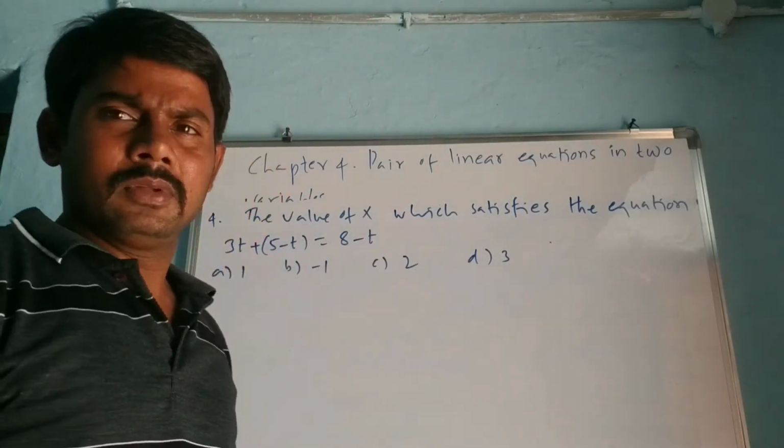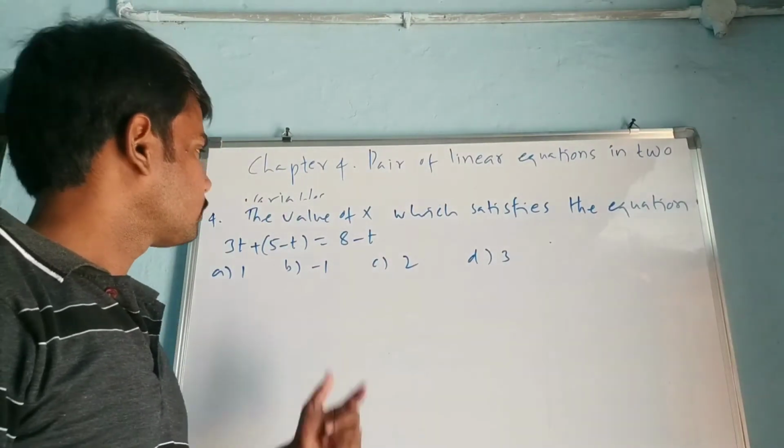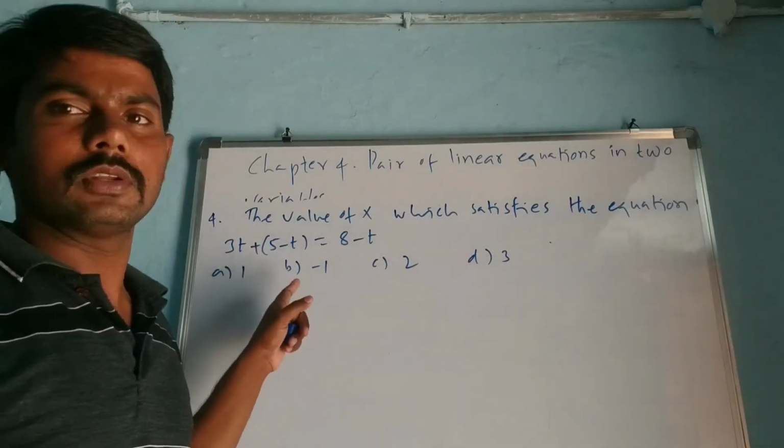Option A is 1, option B is minus 1, option C is 2, option D is 3. So here you have to find the solution for the simple equation.